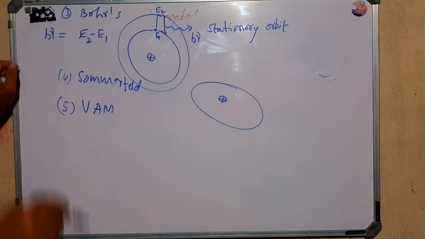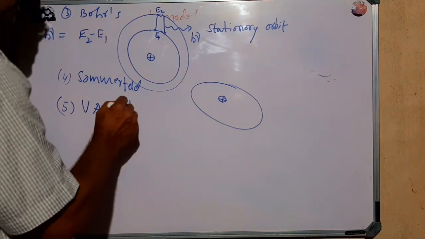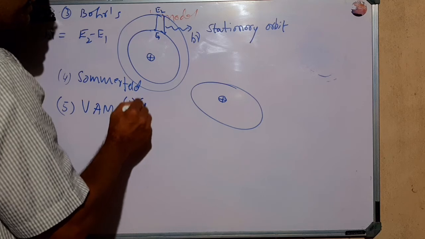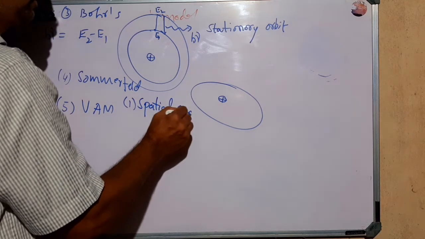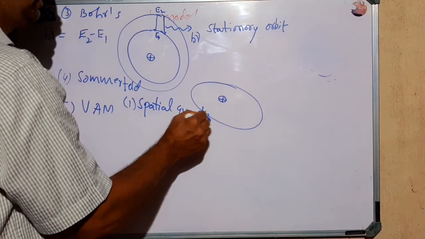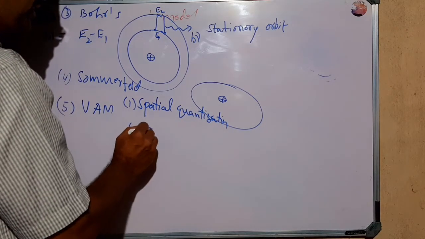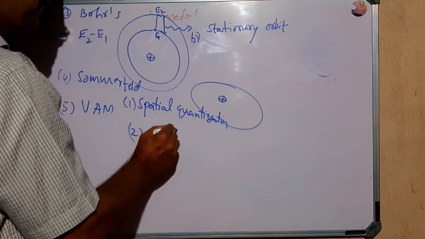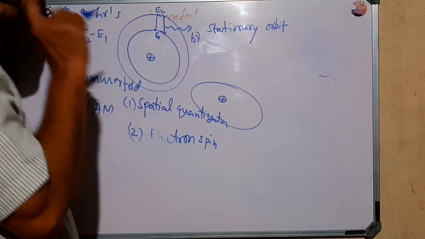Vector atom model is mainly dependent on two features. One is spatial quantization. The second one is electron spin.